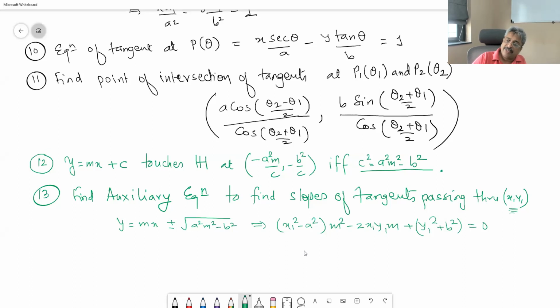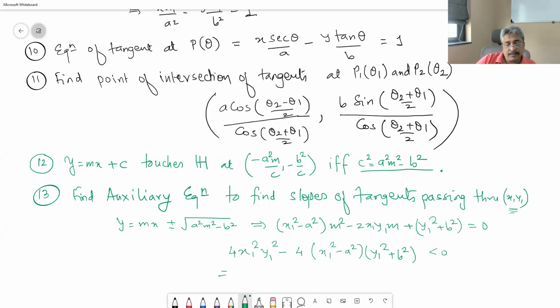Shall we check when do we get imaginary tangents? If 4 x1 square y1 square minus 4 times (x1 square minus a square) into (y1 square plus b square) is less than 0. What do we mean by this?